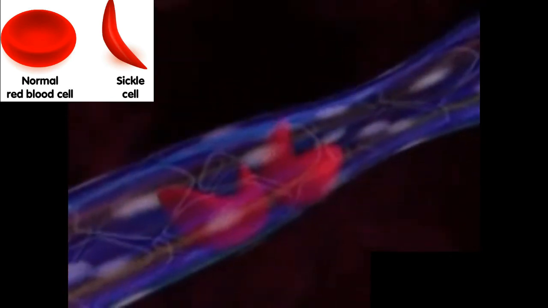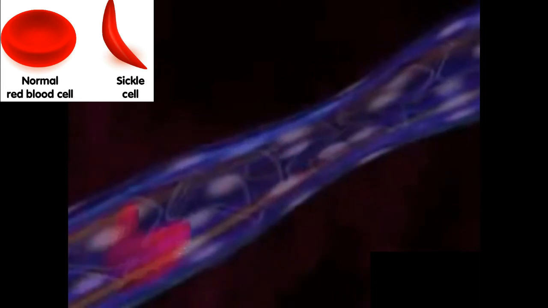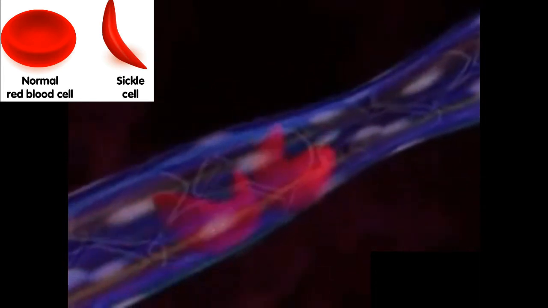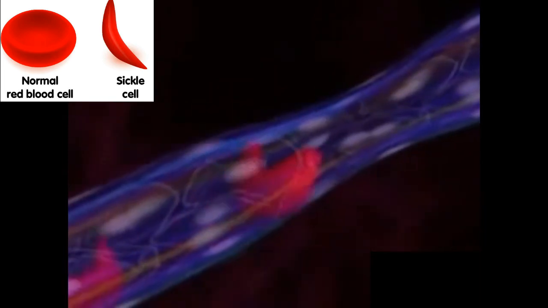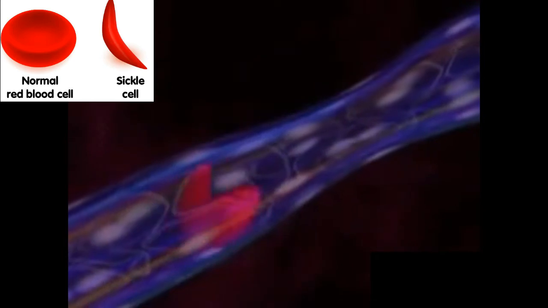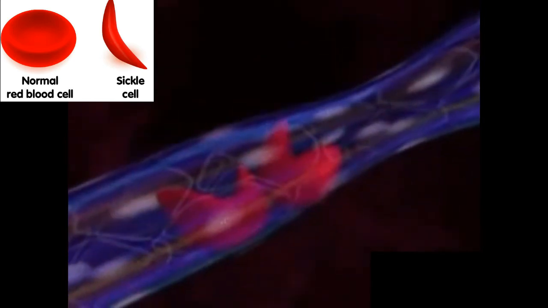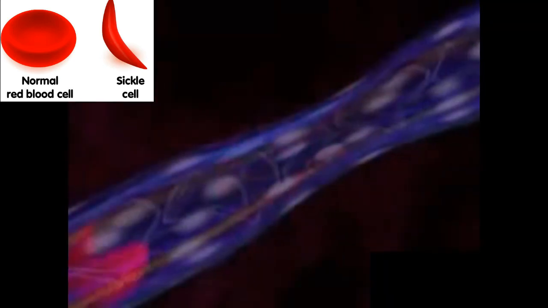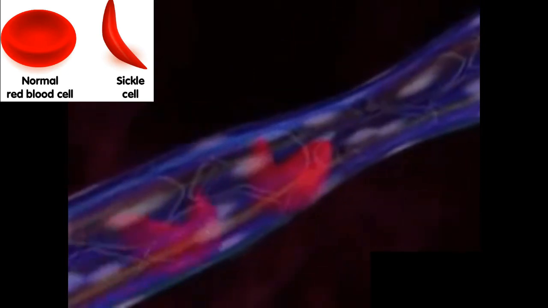Sickle cells are less flexible and hence break while passing through small blood vessels. They survive for only 10 to 20 days compared to normal RBCs, which live up to 90 to 120 days. This results in a reduced RBC count, leading to anemia.